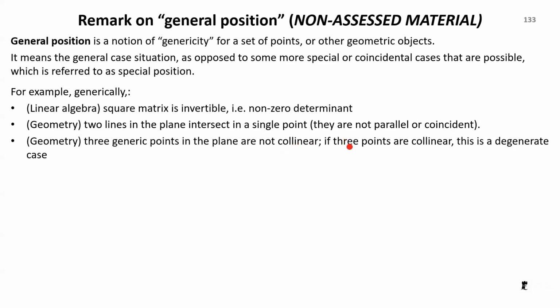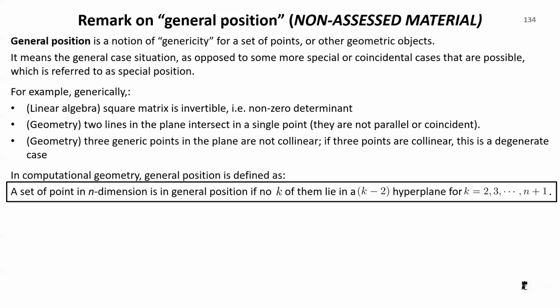If those 3 points collide in one single position, it's not general. If those 3 points are in a straight line, they are not general either. So this is the theorem. You don't need to remember it. It is not assessed, but it is good to know.